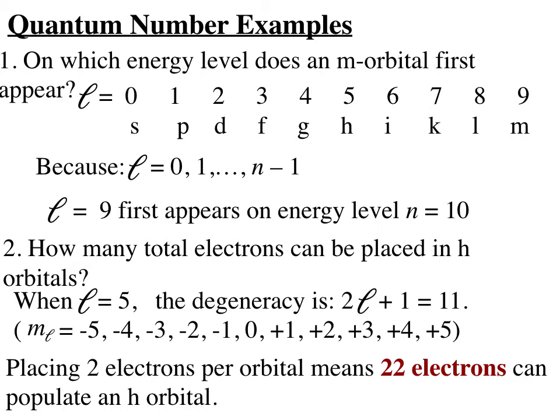The first 4, from L equals 0 to 3, are the familiar s, p, d, f, which are the orbitals that all elements in the periodic table use to build their electronic structures. Then after orbital f, the orbitals go alphabetical with the exception of j.